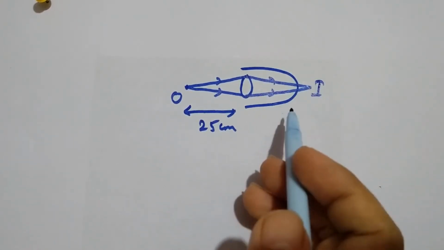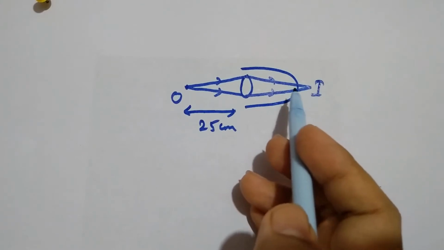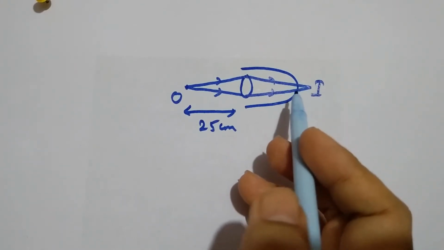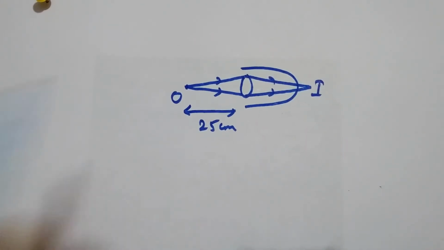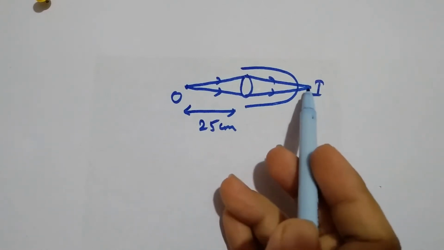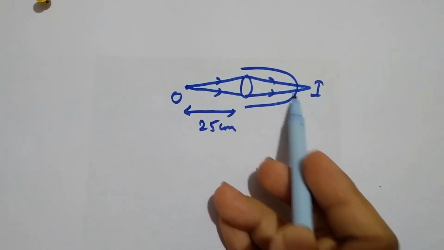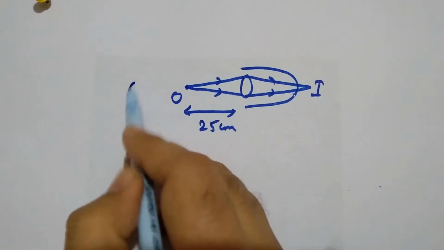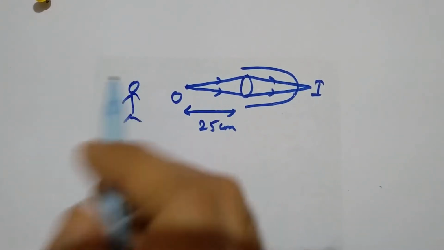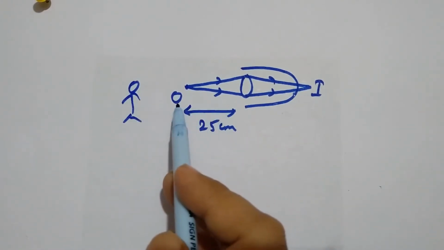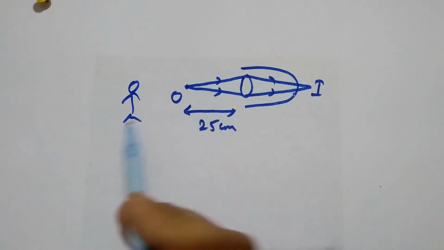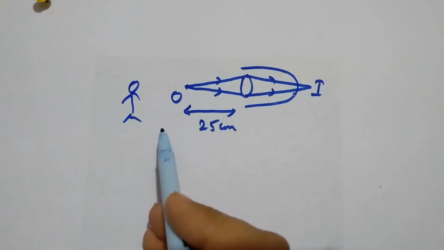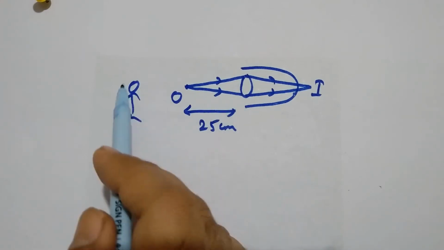So in this case the image is formed behind the retina, not at the retina. Since the light rays are not focused on the retina, the person cannot see the object, and we say the person suffers from long-sightedness. For example, this eye belongs to this person.